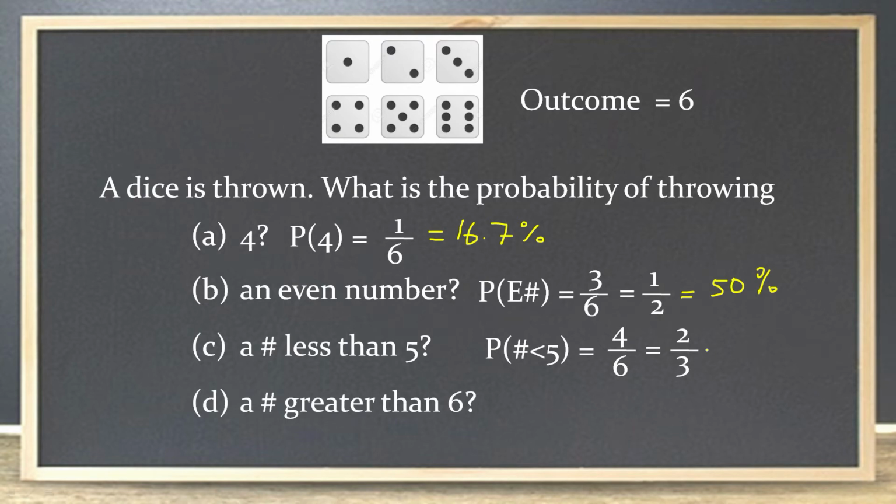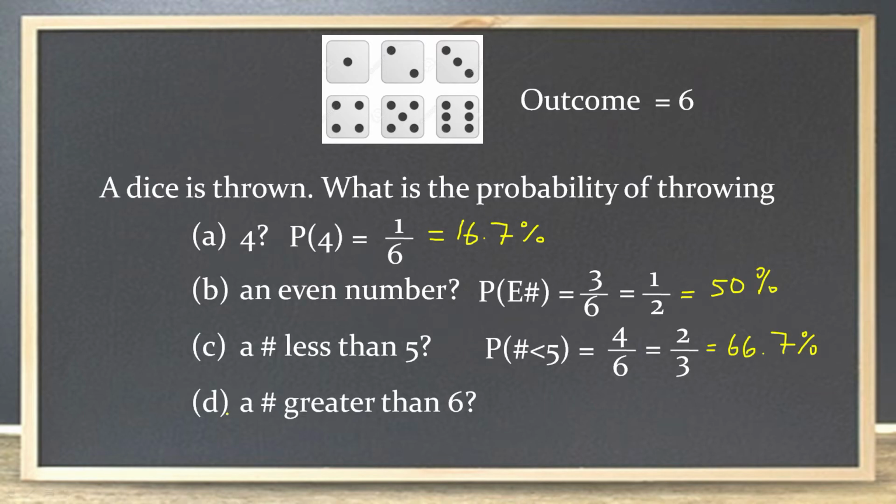And we know 2 over 3 is the same as 66.7%. So we have a 66.7% chance of obtaining a number that is less than 5 when a single die is thrown.